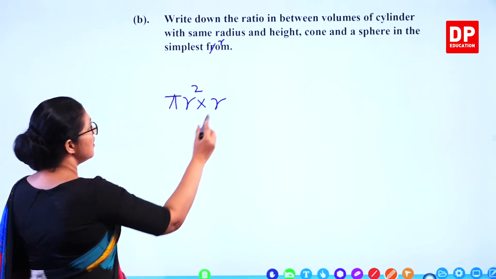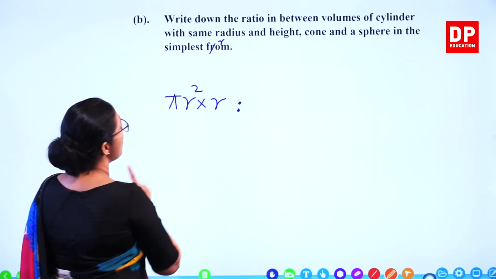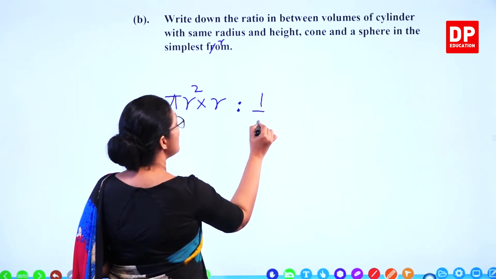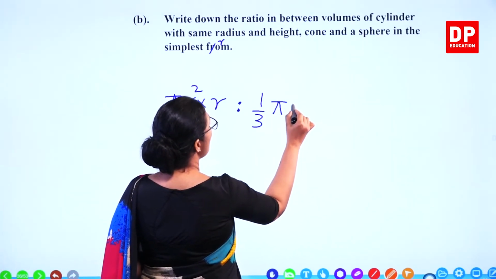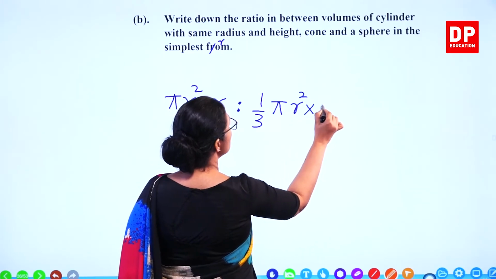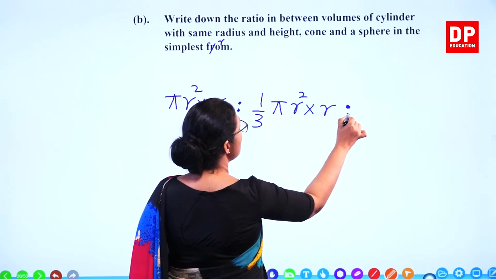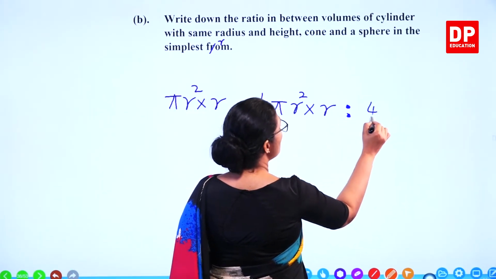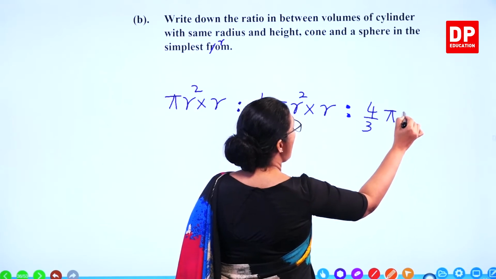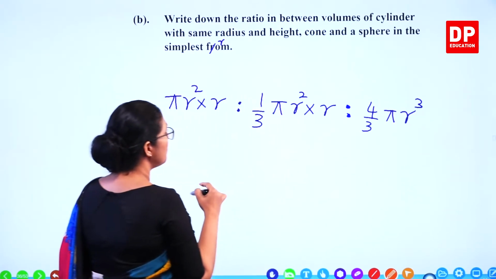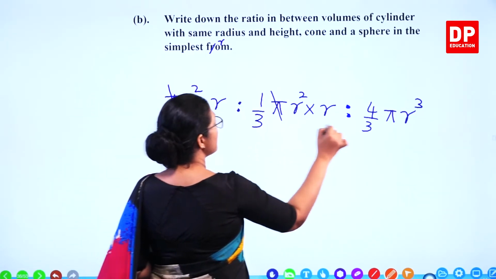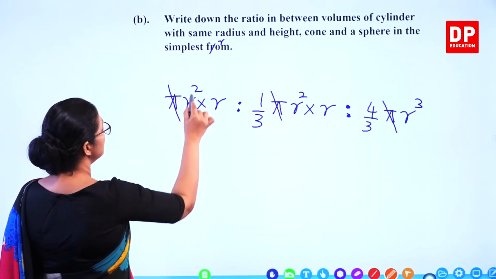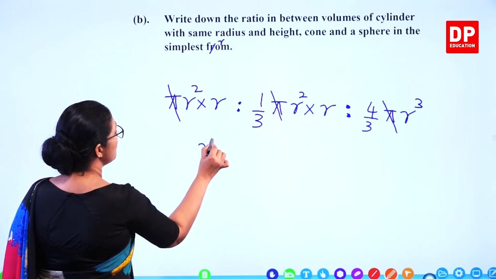And what's the volume of the cone? 1/3 pi r squared h. H is also r, same radius and height. Sphere? 4/3 pi r cube. Pi gets cancelled out. The whole thing is r cube you are getting.